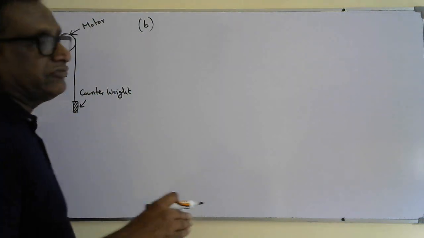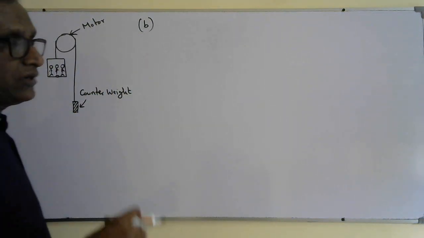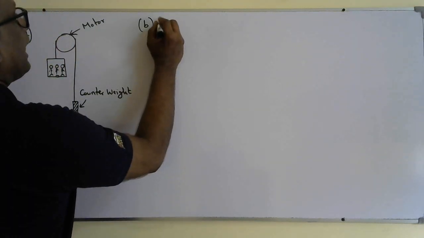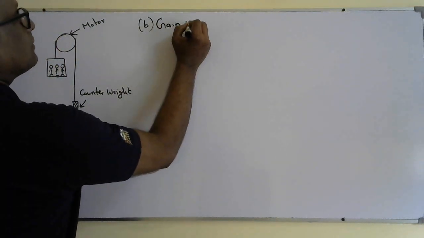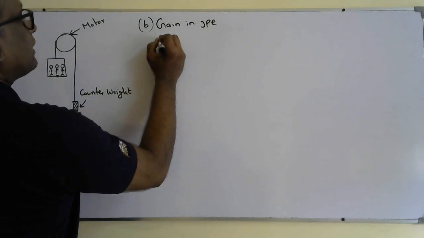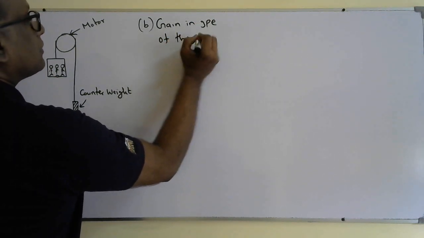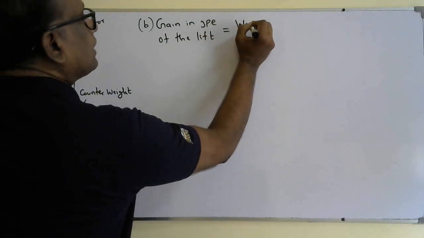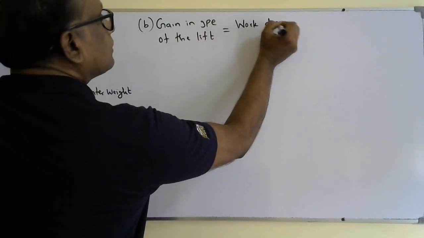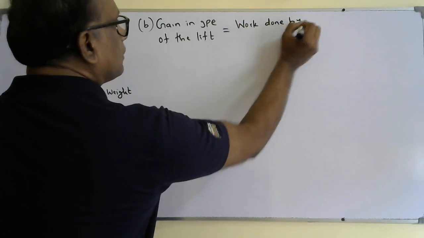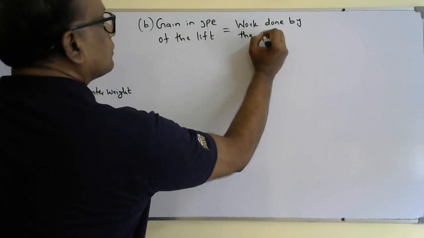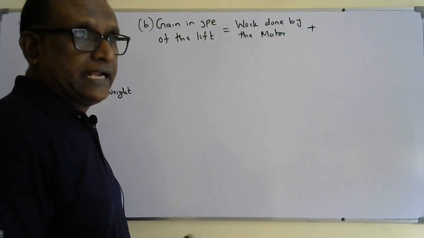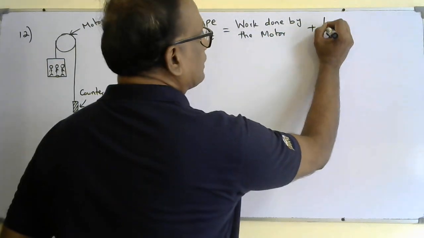Remember that work done on the lift means gain in GPE. So gain in GPE of the lift equals work done by the motor plus work done by the counterweight, which means loss in GPE of the counterweight.